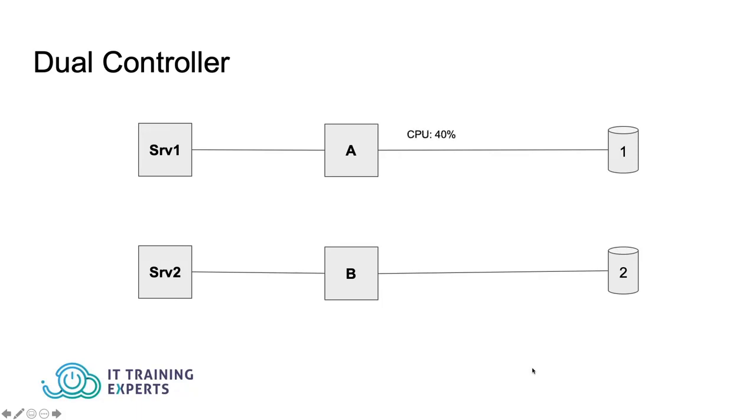So in this situation, CPU, let's say on the storage controller A, is operating at about 40%. And let's say on controller B, it's operating at 50%. So in this situation, we have a pretty busy storage array. So what happens if controller A fails?